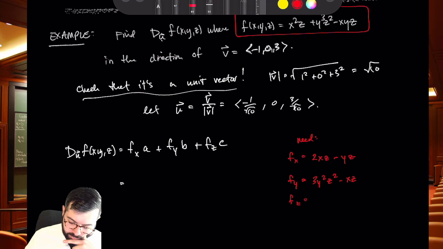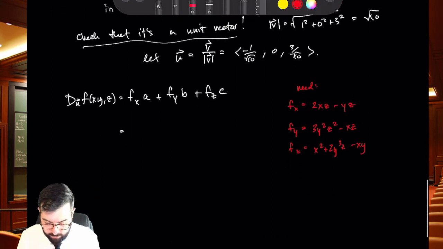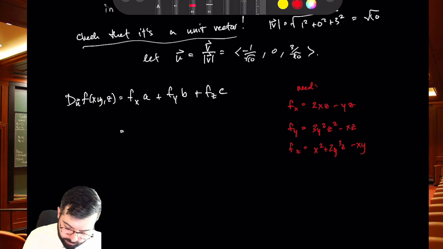And there's a z term in each one, so this is going to be x squared plus 2y cubed z minus xy. And so we'll use each of these for each of these.